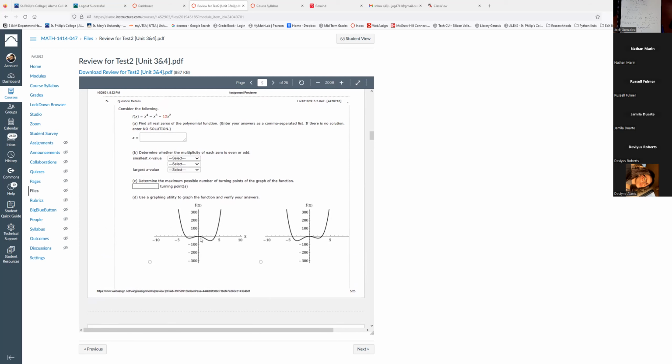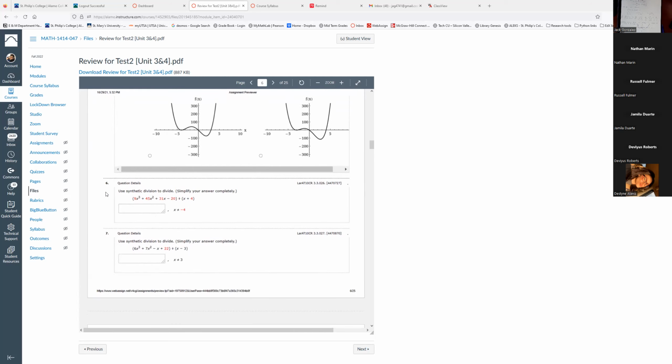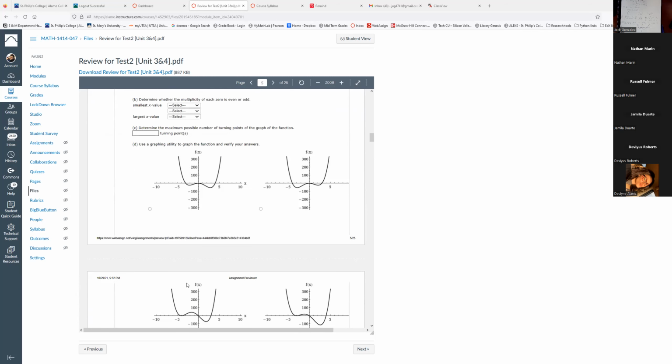So if it's an even multiplicity, it should bounce off the 0 like A and B. Here they cross, which goes against the idea of even multiplicity. Okay, so any other questions on 5?